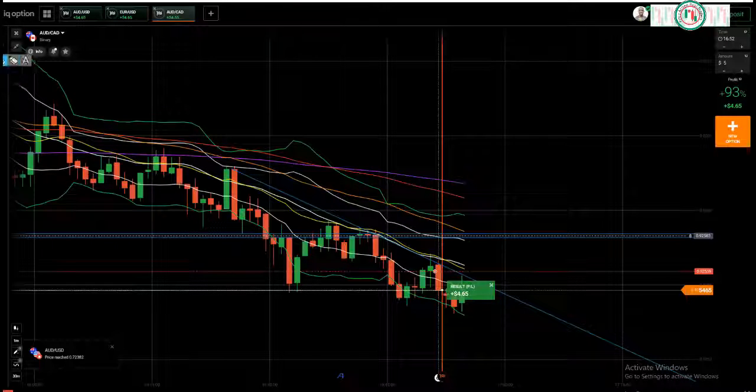Here you see market momentum. You see the momentum. You see down, down.